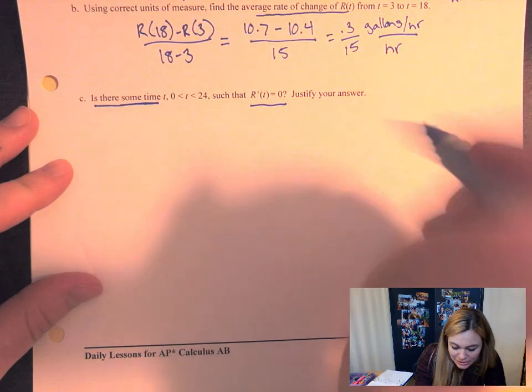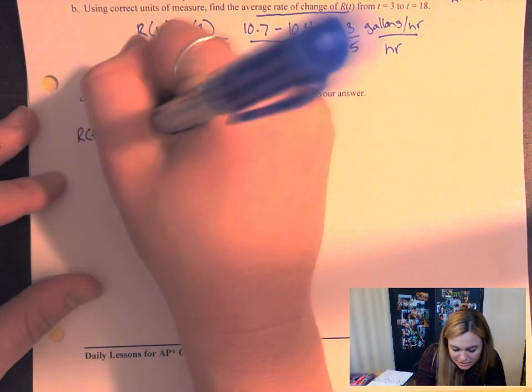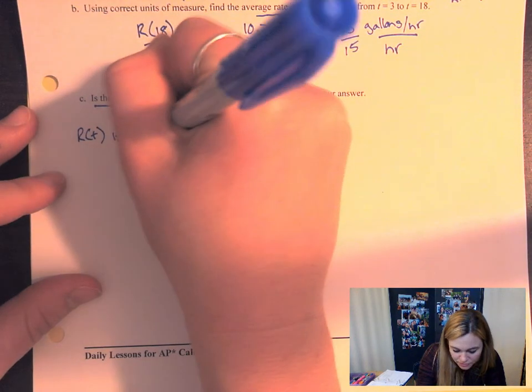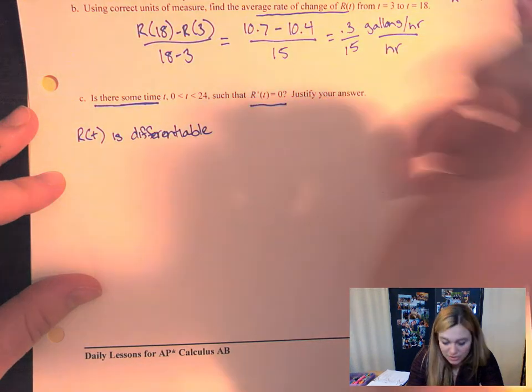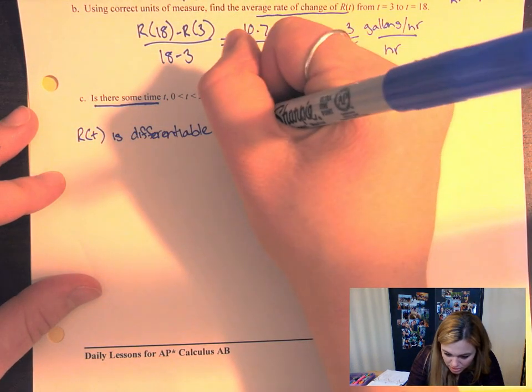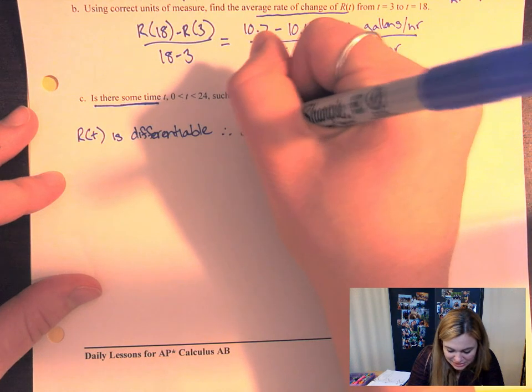Okay, so if you said Rolle's, you would have to say r of t is differentiable because it's given. We can even say differentiable, therefore continuous, because it's given as differentiable.